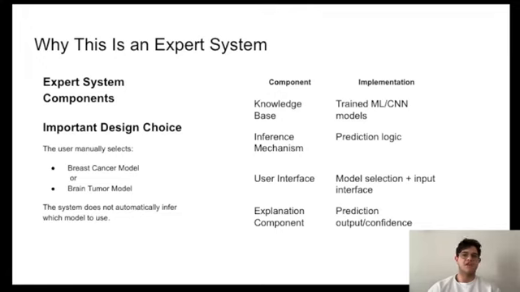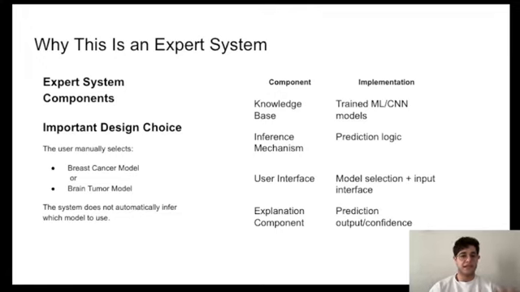We have some of the basic components of an expert system. First, we have a knowledge base. The knowledge base comes through our trained machine learning and convolutional neural network models. Then we have an inference mechanism where a prediction is made based on logic and rules that we have created for these trained models. We have a simple user interface.